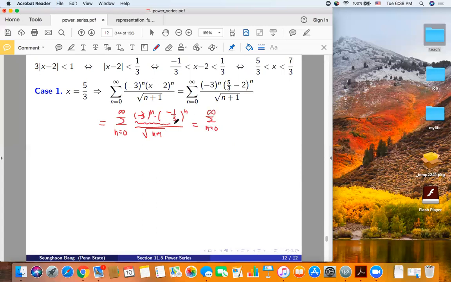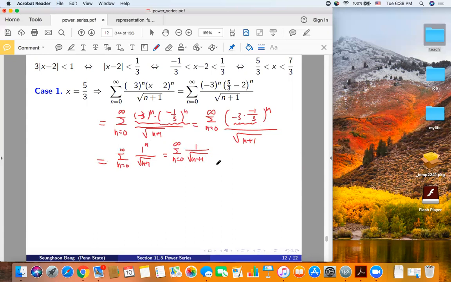You can combine these: negative 3 times negative 1/3 is just 1. So exactly, the summation n equals 0 to infinity, 1 to the power n over the square root of n plus 1. 1 to the power n is just 1, over the square root of n plus 1.